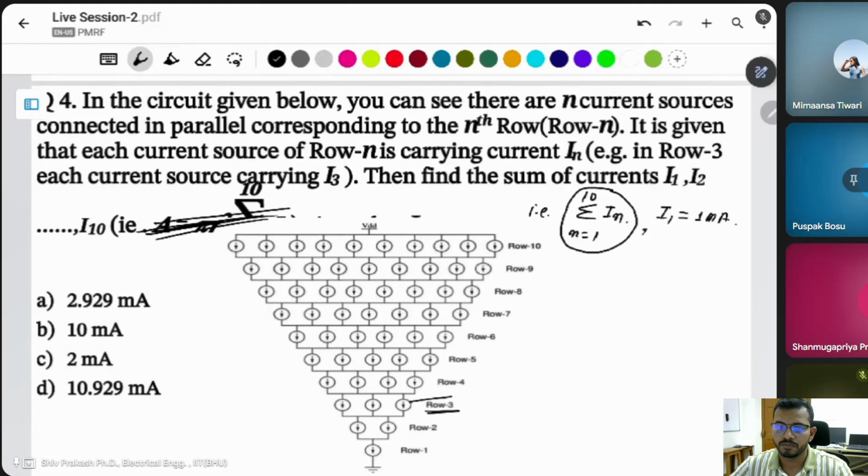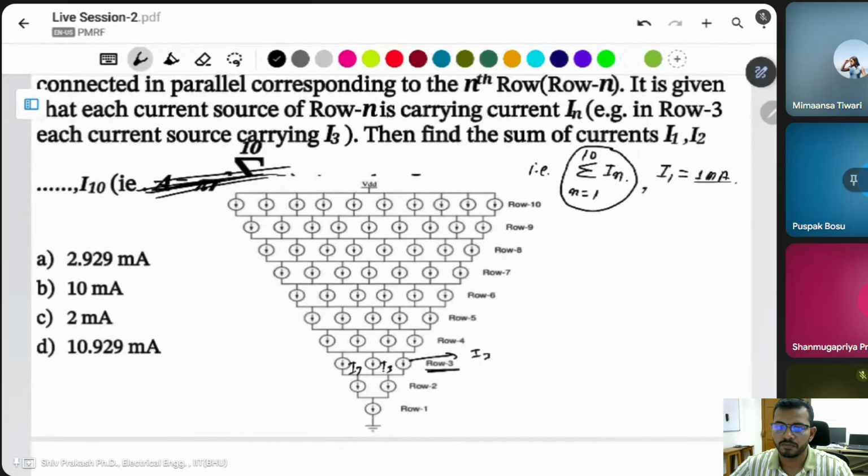It means all these currents are I3 here, I3 here, I3 here, like that. Then find the sum of currents I1 to I10, that is the sum of I_n for n equal to 1 to 10, if I1 is given as 1 milliampere. It means this current is given, I1 is equal to 1 milliampere.